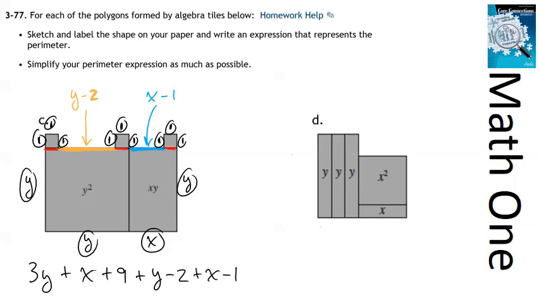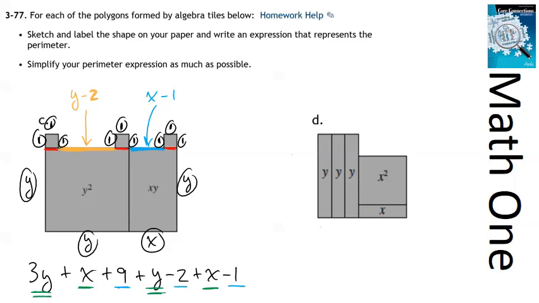Now we can definitely simplify that by collecting some like terms. So you can see, for example, I could collect up this x and this x, and we could also collect the y's and the 3 y's here. And then the other thing we could collect up, and I'll use a different color for that, is I've got a plus 9, a minus 2, and a minus 1.